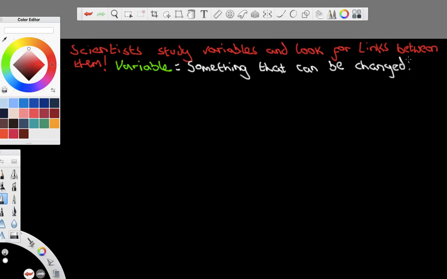Okay. Now, it's often easier to see if there's links in data if we place it on a graph. The reason we draw graphs is because it's easier to see if there's links between the data.